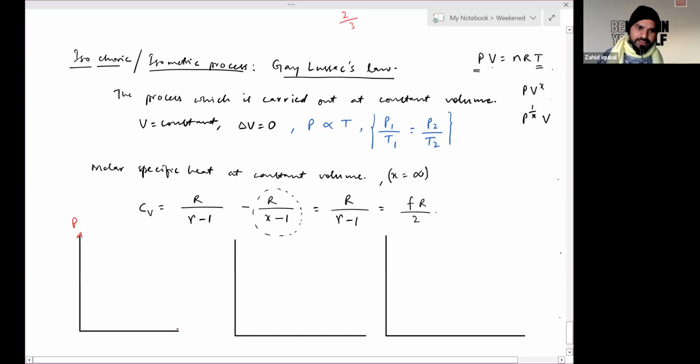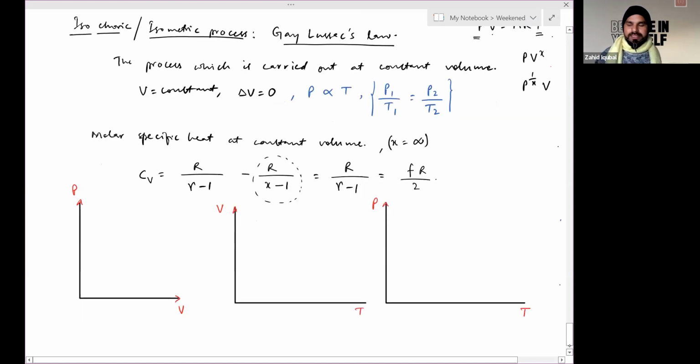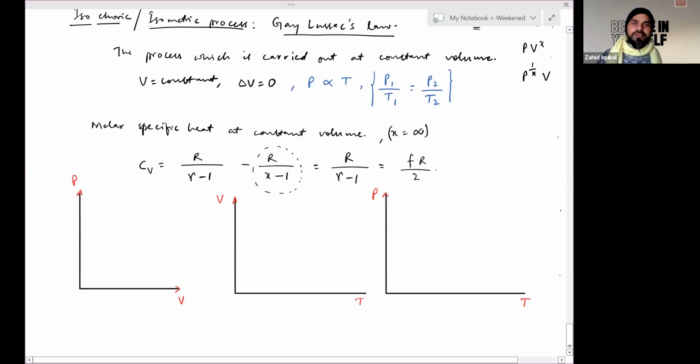This is pressure versus volume, volume versus temperature, and pressure versus temperature. This will also be termed as indicator diagram related to this process. Since in this part volume is constant, it will give you a straight line like this in increasing direction. In the second part, volume is constant, so it will be a straight line.